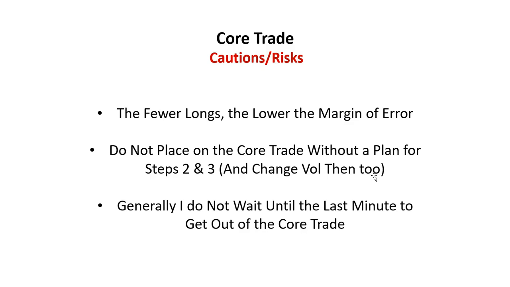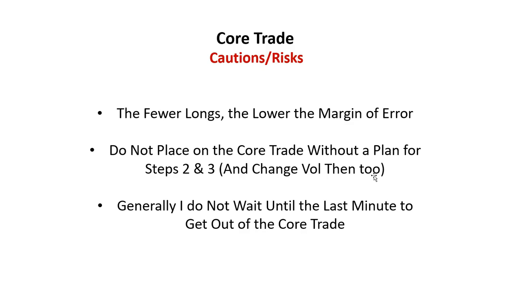And if the projection is only wrong by 10 cents per long, you're talking about an 80-cent difference, almost double what your projection is. And that's just on a small error in the projected value of the long. So the fewer longs, the better when you put on these initial core trades.